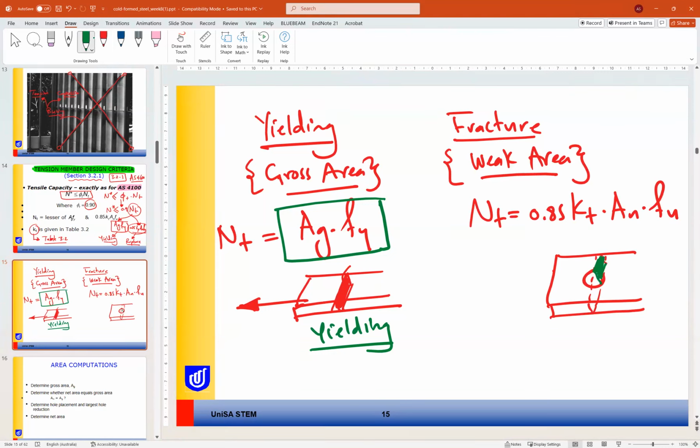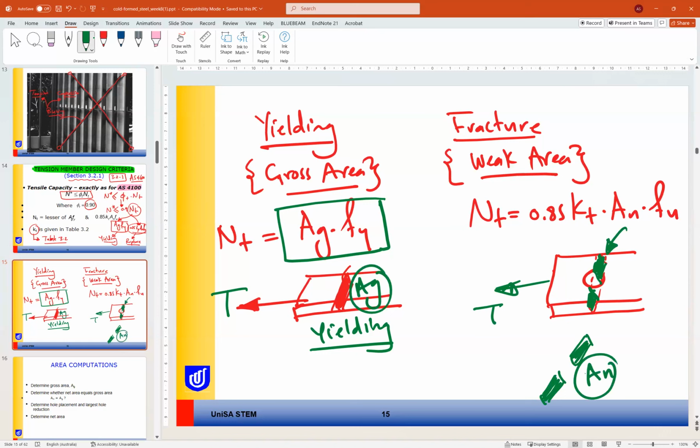So we consider that this is our critical area. If this critical area is under tension force like this, the fracture will happen at this weak point. So that's why we are using area net in this case. Here we use area gross, here we use area net.